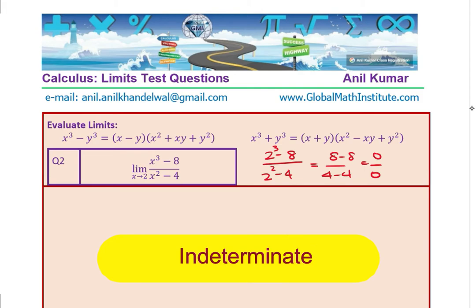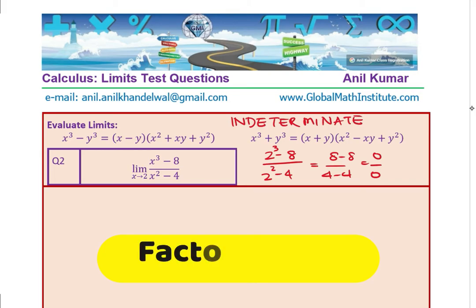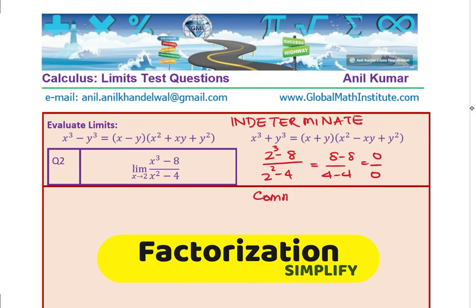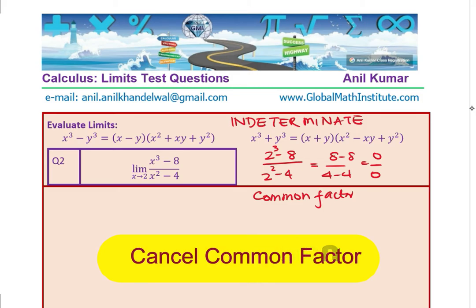So when you get this form, we call it indeterminate. So this value, 0 over 0, is actually not defined. However, it tells you one thing, and that is we have a common factor. Do you see that? And clearly, the common factor is, when x approaches 2, the value is 0. That means the common factor is x minus 2.